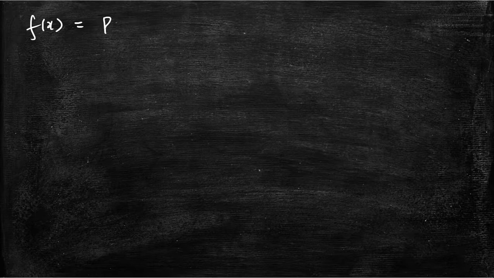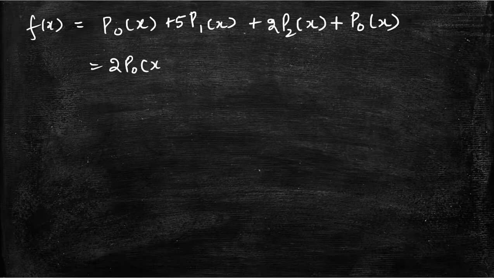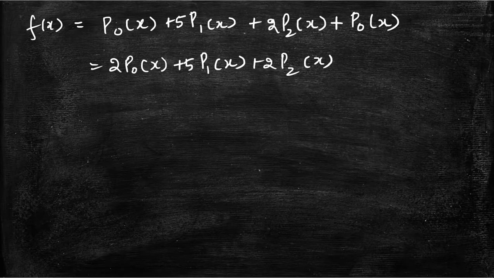Okay, now I'm going to write it over here. F of x will be equal to P naught of x plus 5P1 of x plus 2P2 of x, and that plus 1 is again written as P naught of x. So you get 2P naught of x plus 5P1 of x plus 2P2 of x.